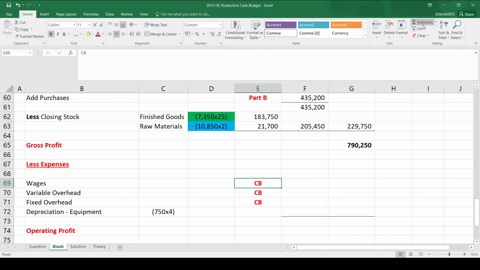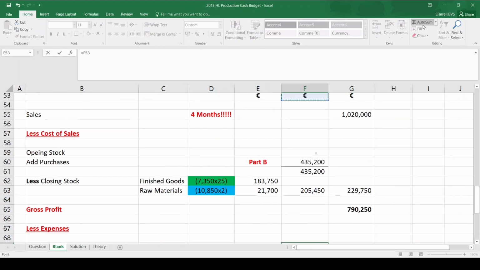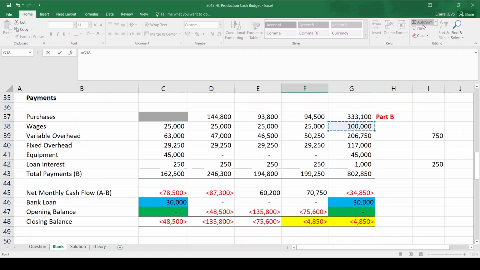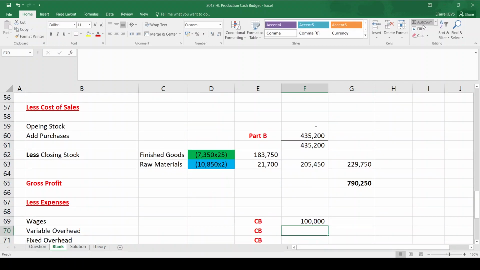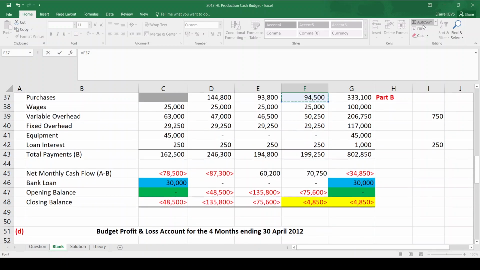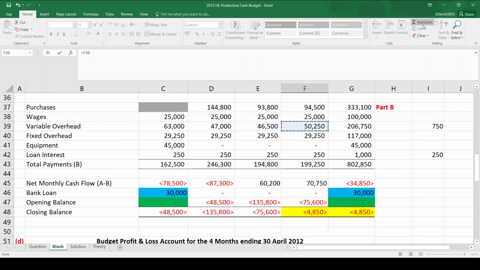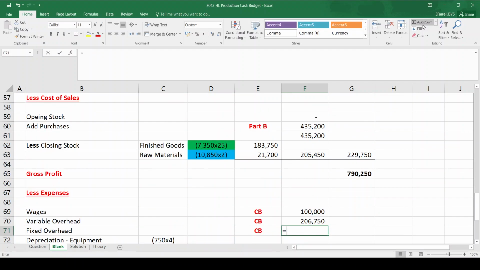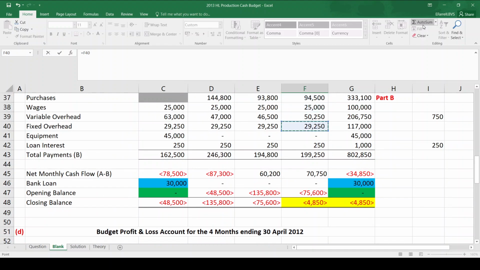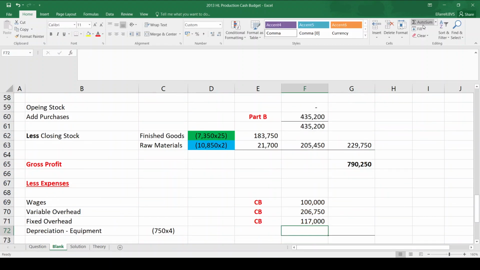So wages, variable overhead, and fixed overhead are all coming from the cash budget because they were all payable as incurred. So wages is going to be 100,000. Variable overhead 206,750, and fixed overhead 117,000.